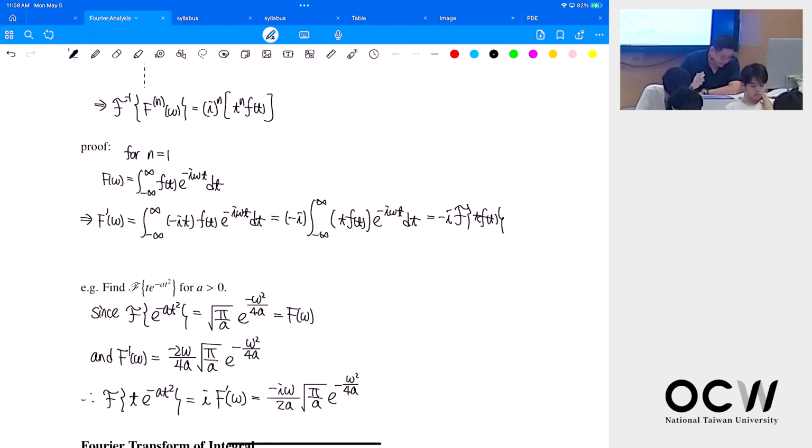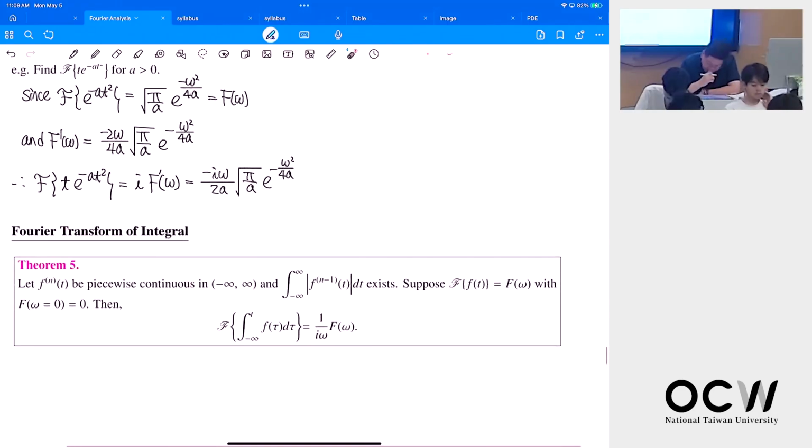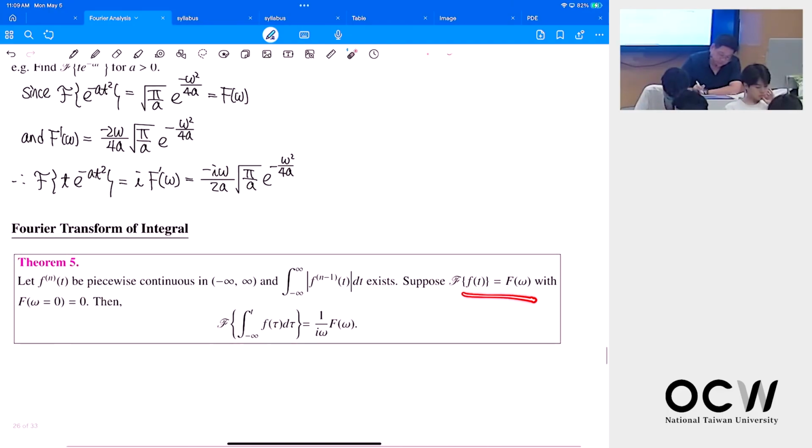Next one is the Fourier transform of integral. The nth derivative of this function is piecewise continuous, and then the n minus 1th derivative exists or is finite. And I have a Fourier transform at omega equals 0, then the function is 0.